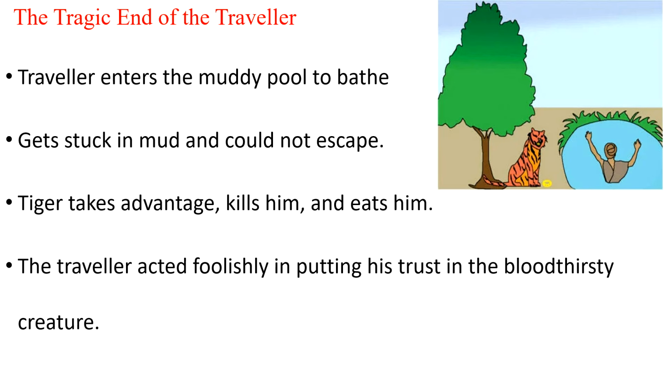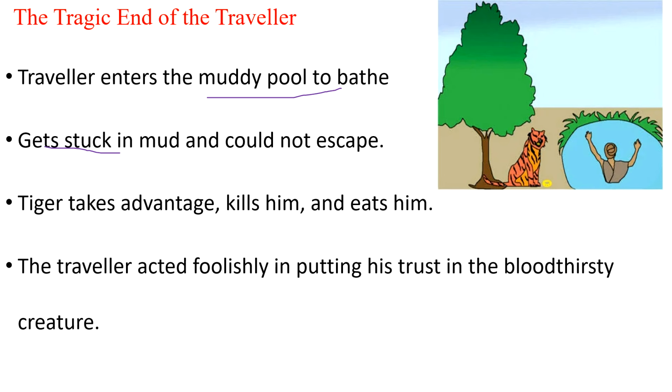The traveler, believing the tiger's words, enters the muddy pool to bathe. He tries to swim, but he gets stuck in the mud and can't come out. He couldn't escape. He gets stuck in the muddy pool.